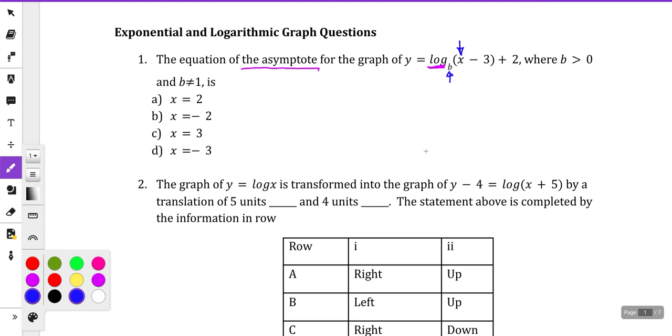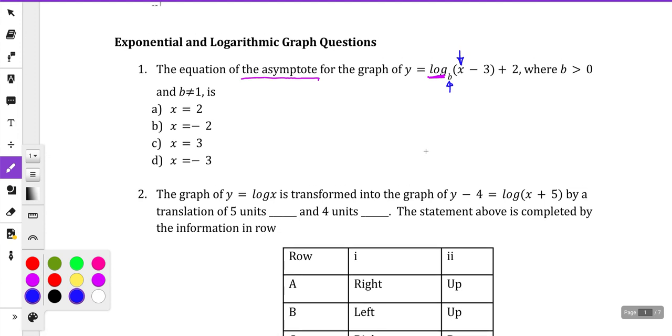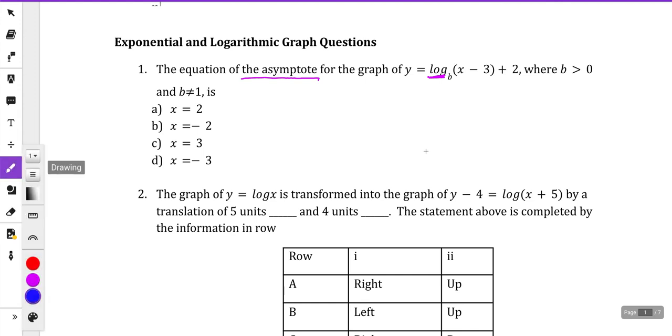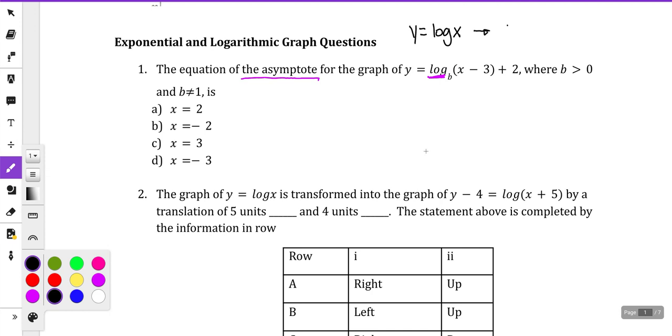What they're hoping that you'll do for this problem is that you'll recognize that this log graph has actually just been transformed. They've taken the mother function, which is this, and they've transformed it to look like this. I use h and k values to show that these things have been added or subtracted into the function.